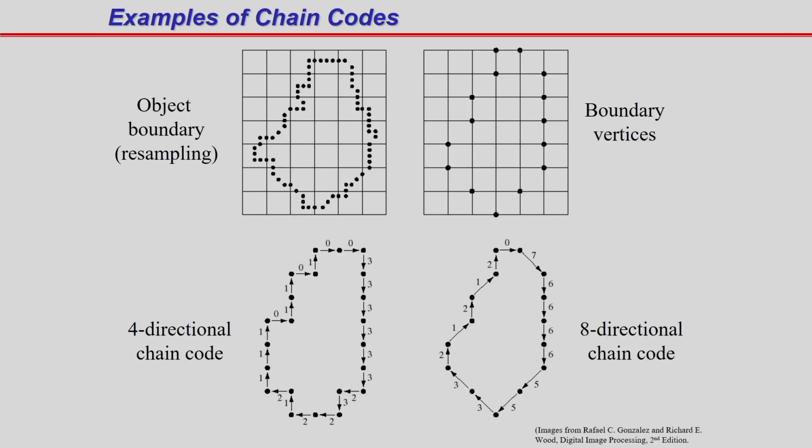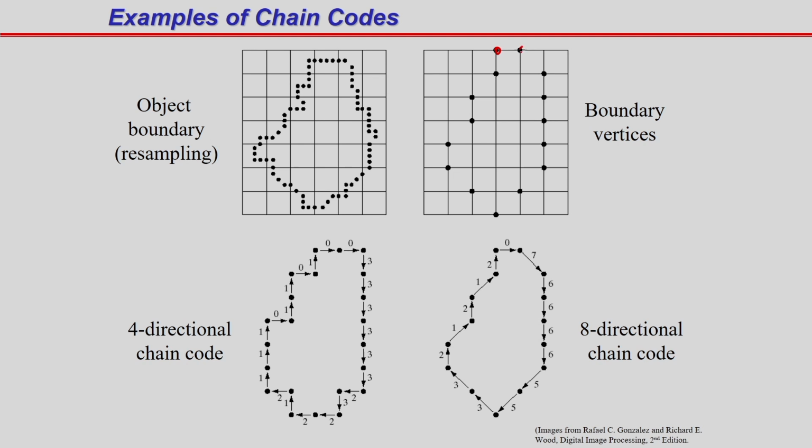Here I am giving one example of how to determine the chain code for a boundary. I am considering one object boundary and resampling it. After resampling, I get the boundary vertices.